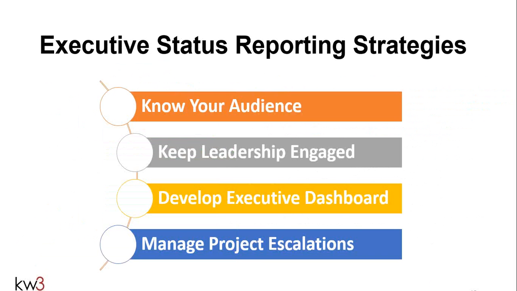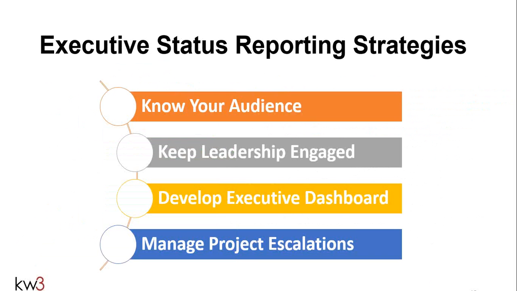They have to feel a part of the process. They have to feel like they're getting all the information that they need, and that there's a level of transparency that's required. And from the poll that we just took, keeping leadership engaged really is a hot topic, so we definitely will dive deep on this one. Number 3 is developing an executive dashboard, which is the tool that we referenced earlier.